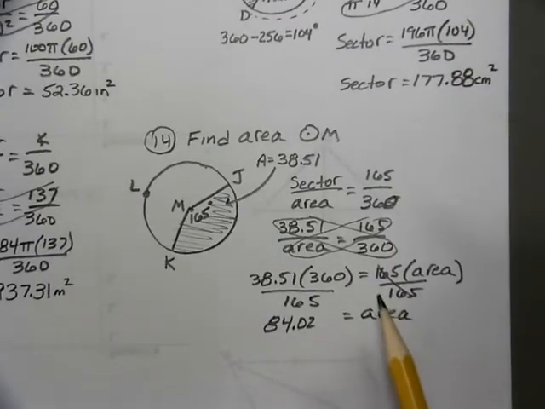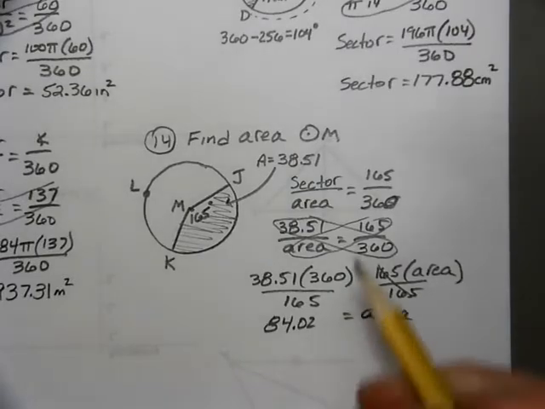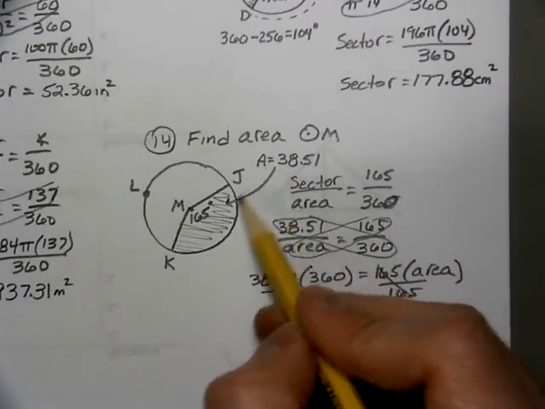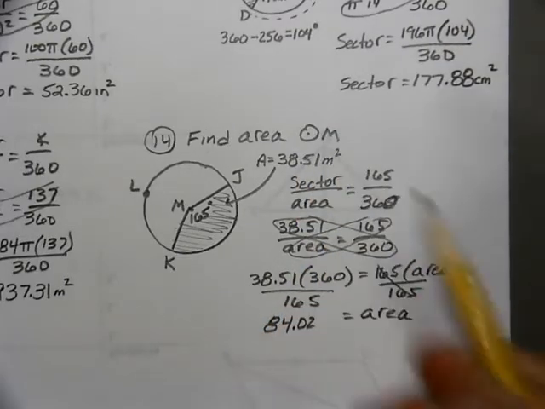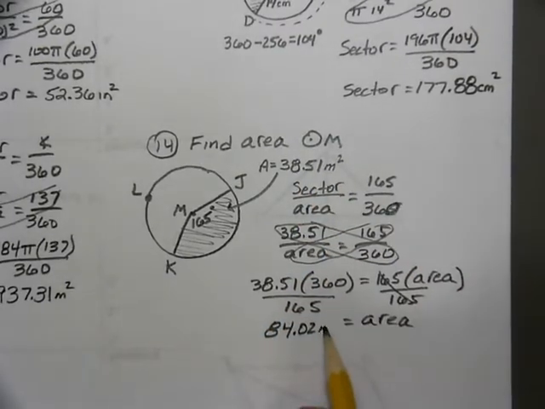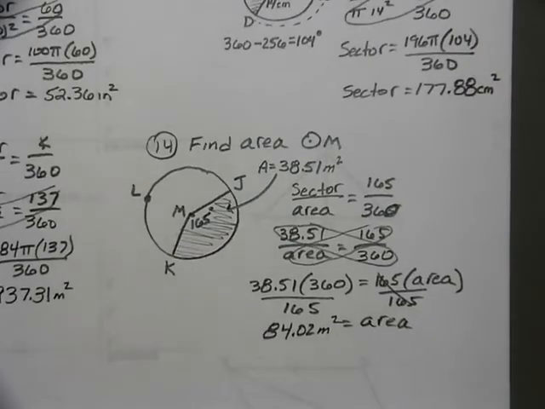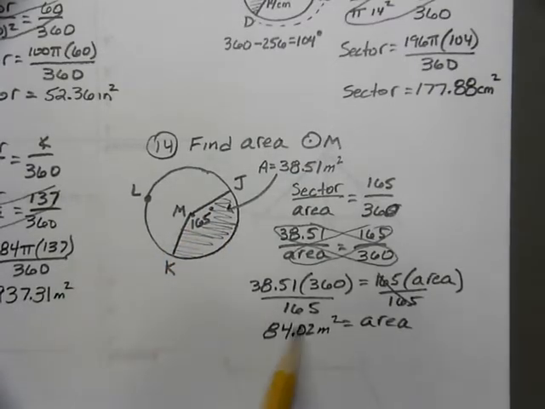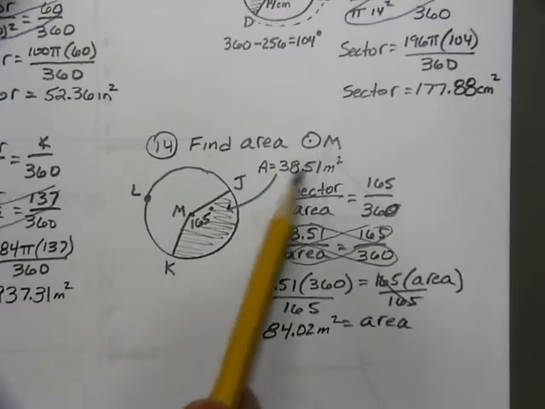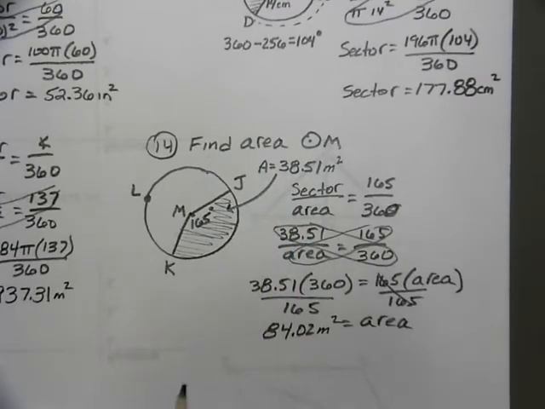The units in this case, we could tell by the area here that it was 3851 meters squared, so we would still have meters squared. 65 degrees is less than half the whole circle, so 38 is less than half of 84.